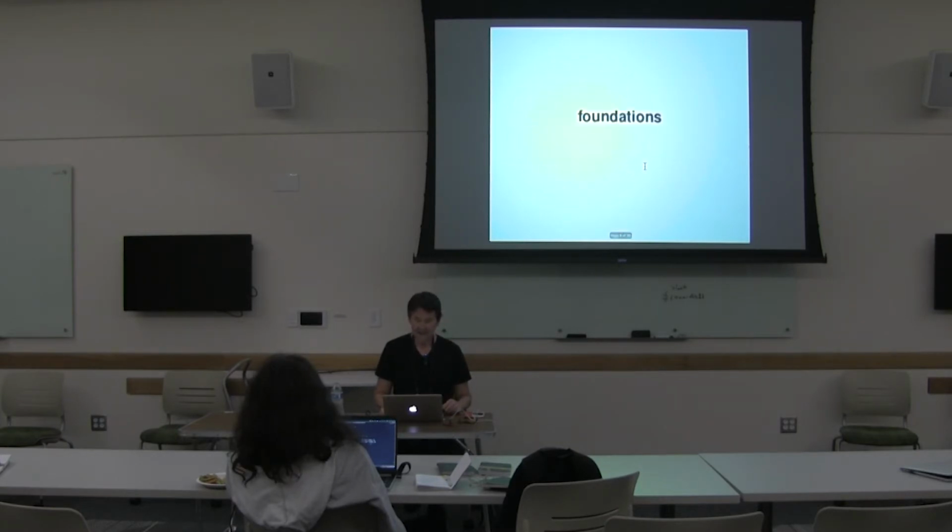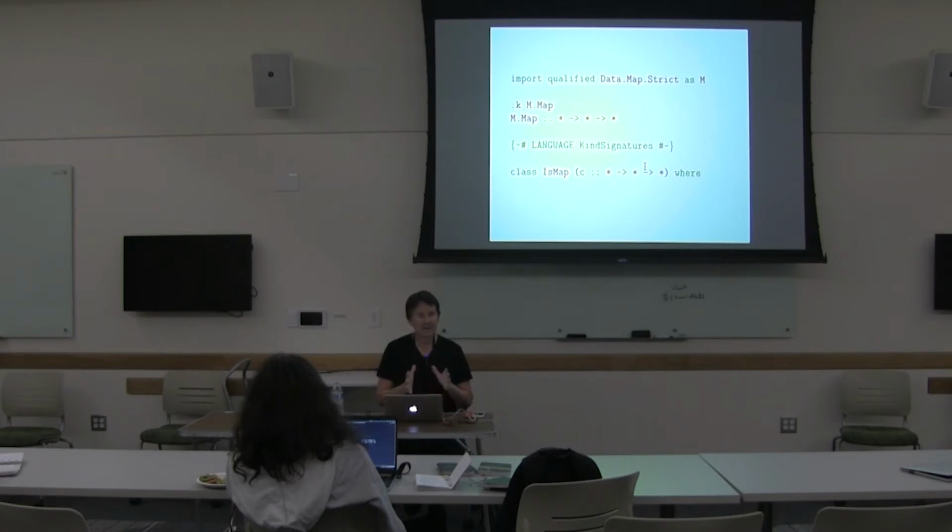The next thing is the foundations. If I want to make a pluggable and composable way to build these APIs, how can I do that? Well, to explore that space, I'll just go and look at the map itself. So I'll ask, what is the kind of Map? :k is shorthand for kind. And it says it is star to star to star.